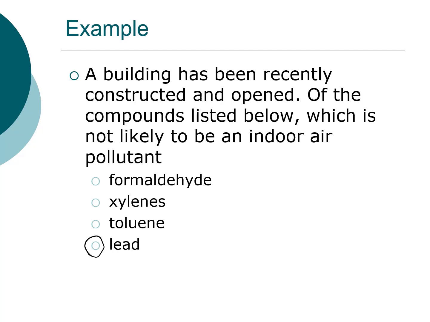Formaldehyde, xylenes, and toluene can all be produced from flooring materials, carpeting materials, paints, and upholstery. They can be released, especially when these are new materials, and it's not unusual to find concentrations in new buildings.